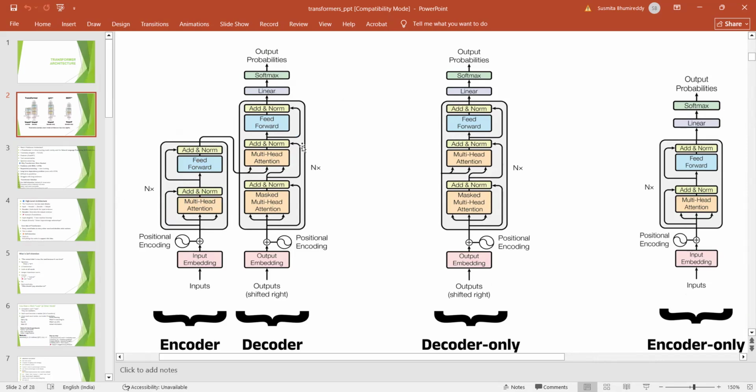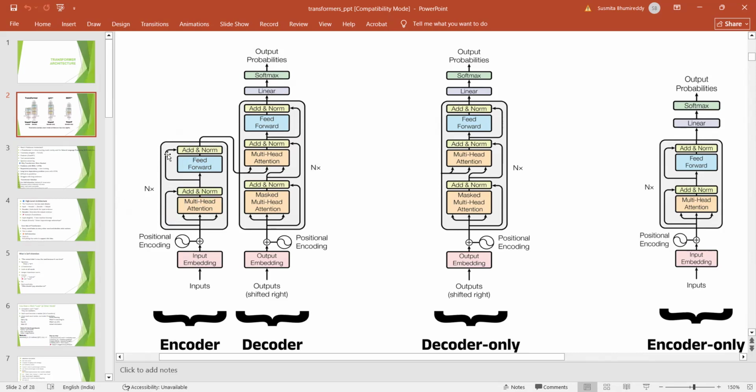It converts the vectors to the vocabulary size, and then it will convert the scores into probabilities, so we can have output probabilities, like which word has the highest probability, that will be chosen now. So the model predicts the next words by using this linear and softmax.